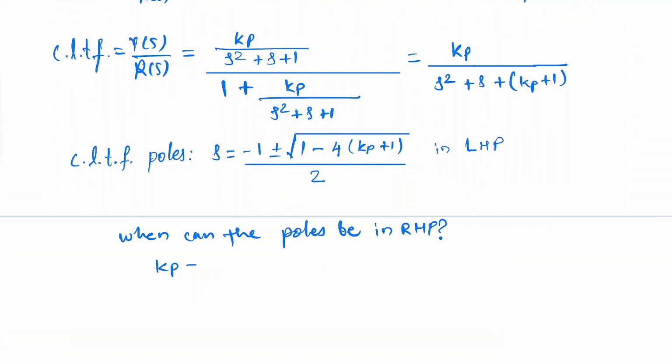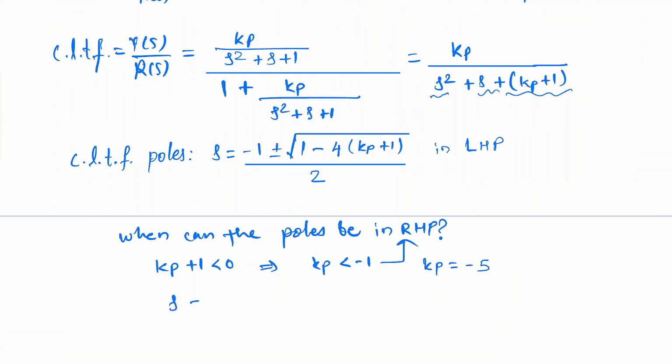So if Kp plus 1 is negative, that means if Kp is less than minus 1, as per what I just said, that the coefficients should all be positive, the pole should be in RHP. Let's test that idea here. Let's take Kp as minus 5.